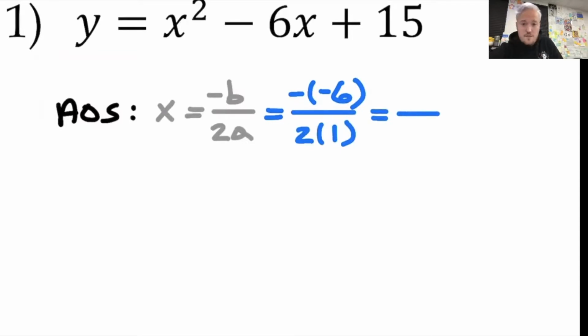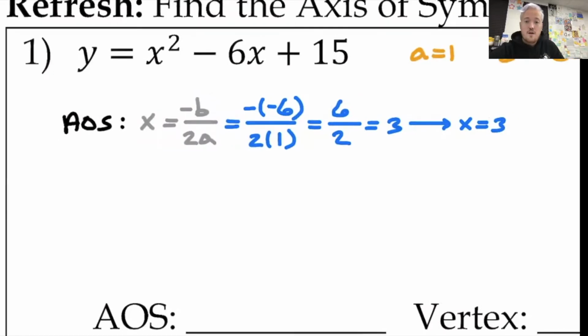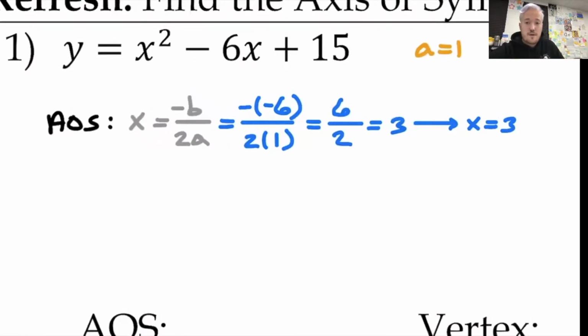The opposite of a negative is going to give you a +6, over 2, and when you simplify, you get 3. So we know our AOS here is x equals 3.